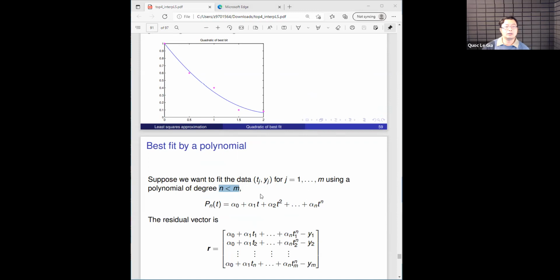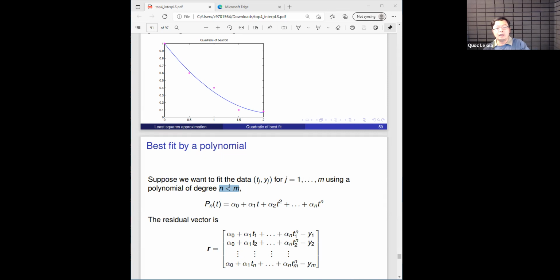Why does n have to be less than m? Strictly less than m. Remember, when n is exactly m minus 1, then you have interpolation, right?